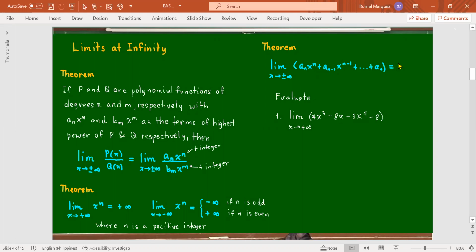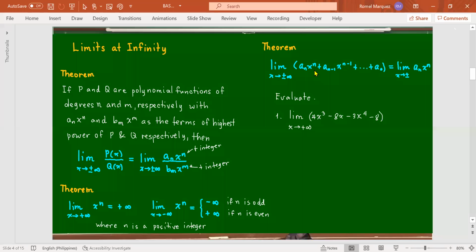The limit of this is equal to the limit dependent on the term with the highest power, no? All you have to do is to get the term with the highest power and evaluate the limit of this only. Because this will dominate as x becomes very large, time will come, the values of the rest with the lesser powers are negligible or will not really affect the value of this, okay?